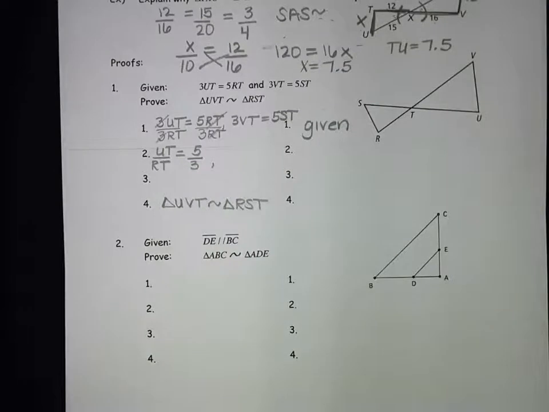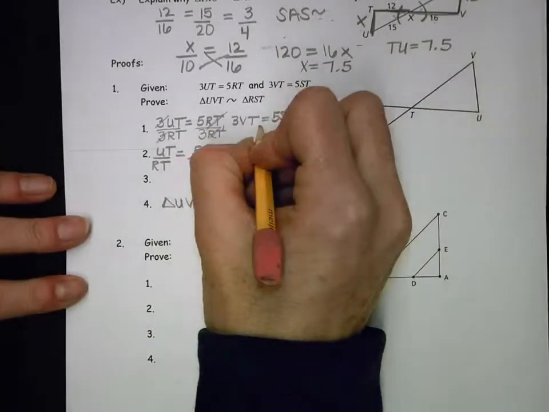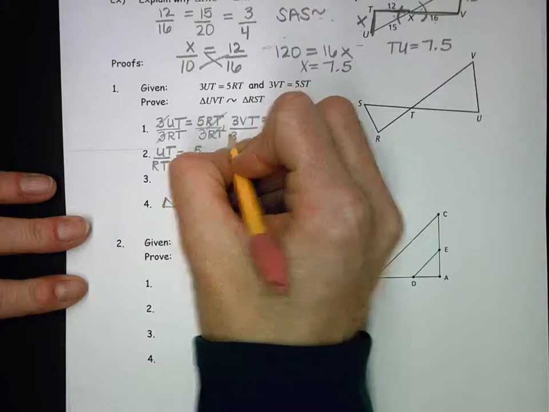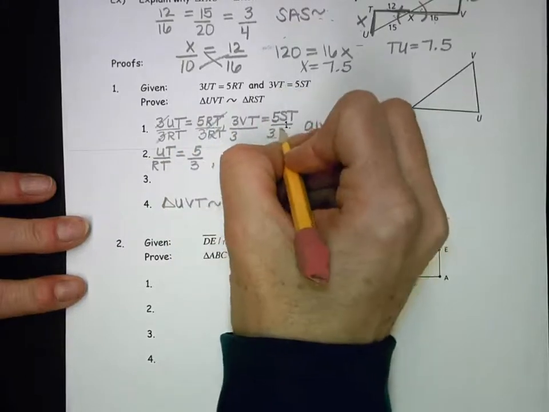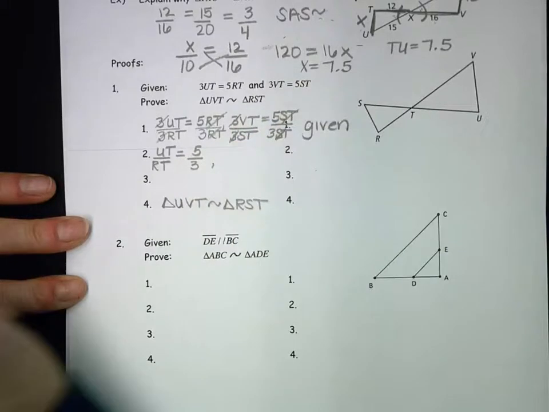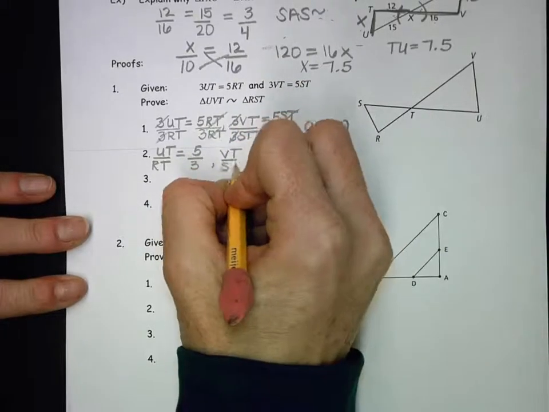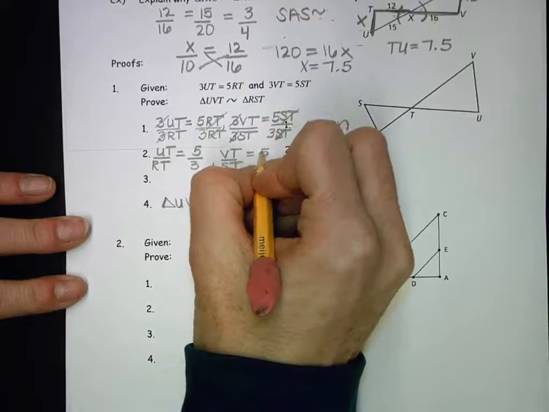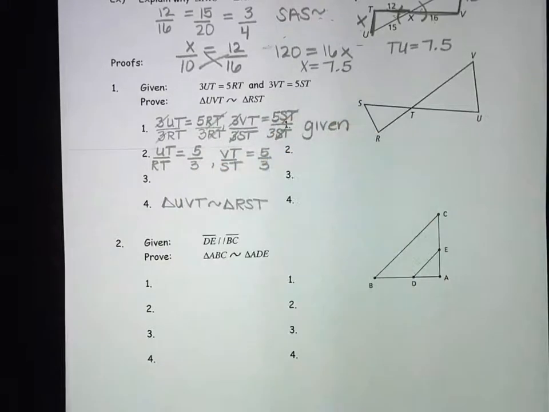So if you then take this example, and if I divide again by 3 to both sides, and if I divide by ST, I could then say VT over ST equals 5 over 3. Because both of my proportions equal 5/3, we can then say that those two sets of sides are proportional.